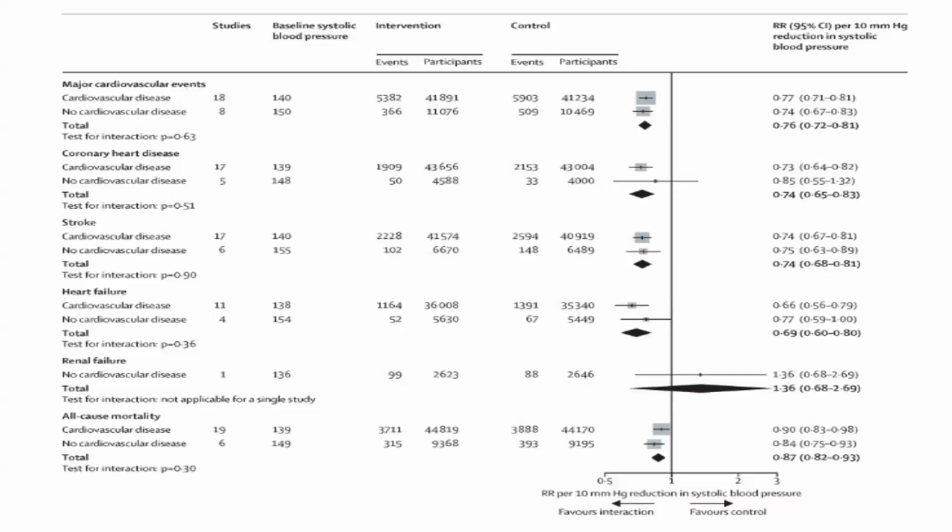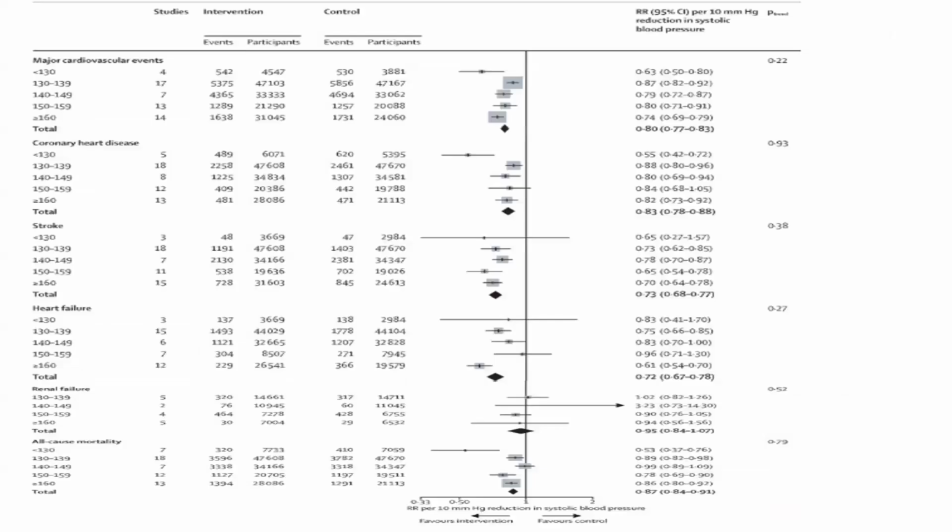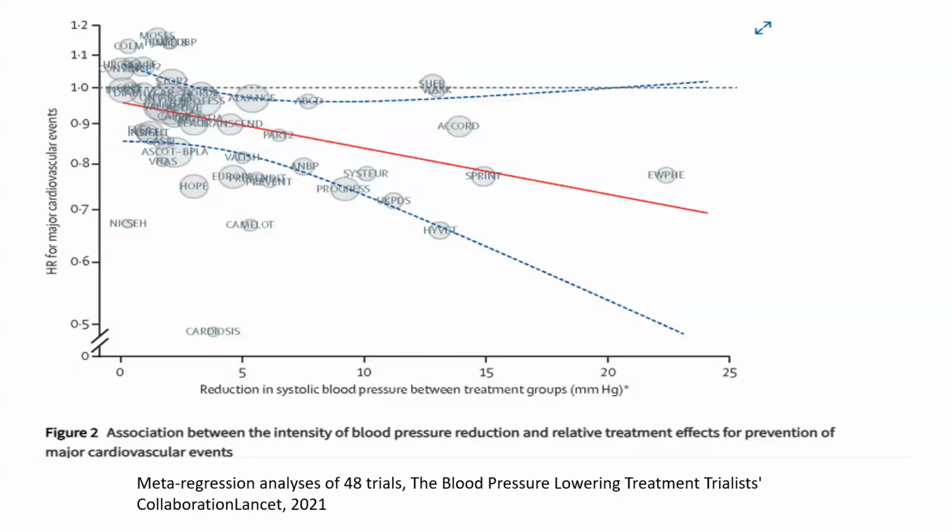This happens regardless of the presence of underlying cardiovascular disease or no cardiovascular disease, and this holds true also for all stages of hypertension. This meta-regression analysis of 48 trials shows that a reduction in systolic blood pressure is associated with a decrease in the hazard ratio of major cardiovascular diseases.